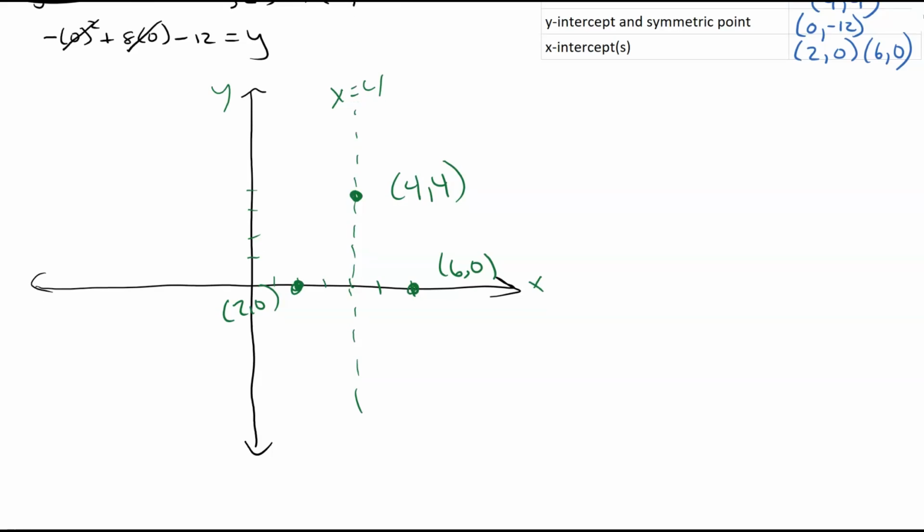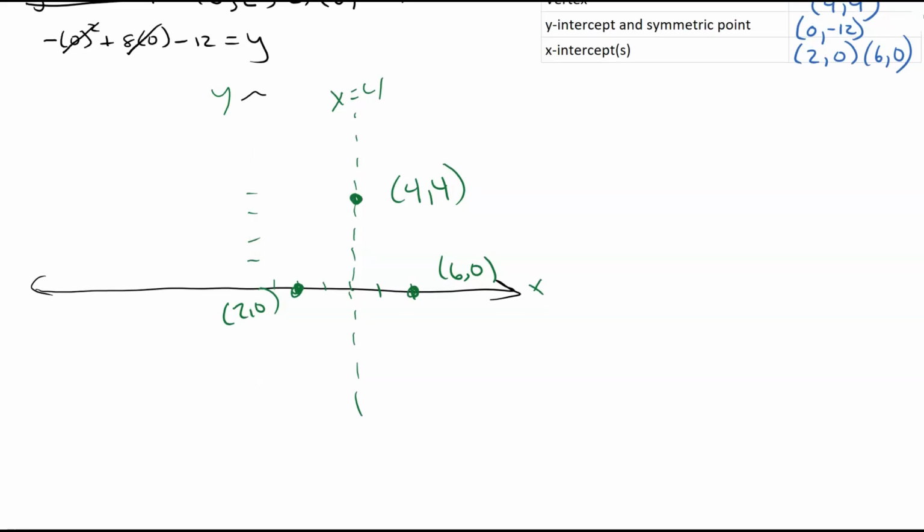And then my y-intercept, let me make this y-axis go down a little further because the y-intercept is way down at the point 0, -12. Okay, so I'm going to find my point of symmetry now.